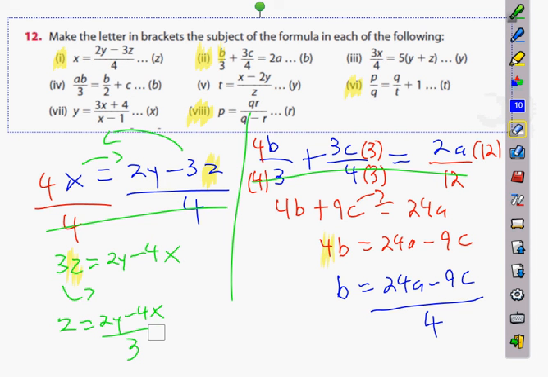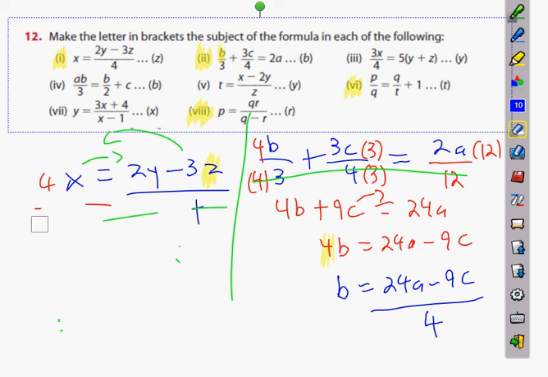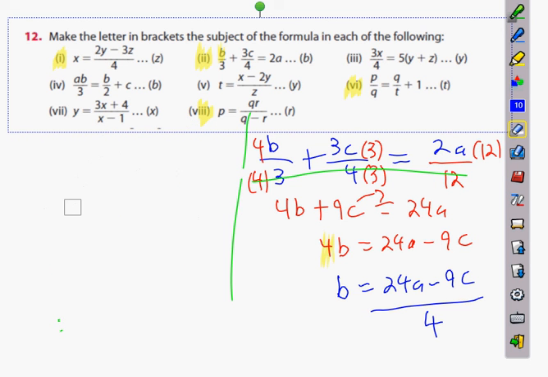Okay, guys. Next one. Any ideas how to do the next question? P over Q equals Q over T plus 1. It's a difficult one, actually.